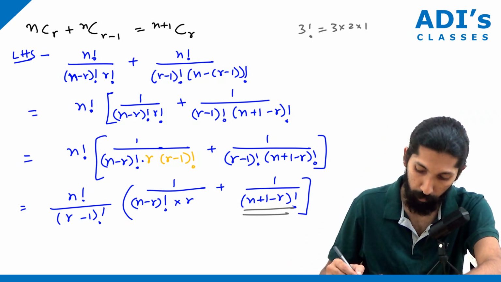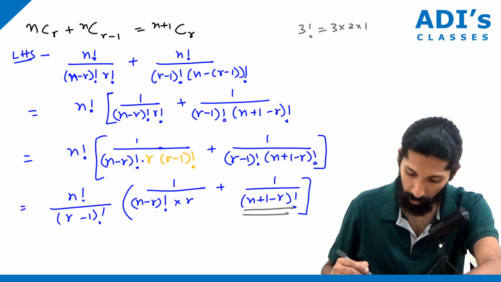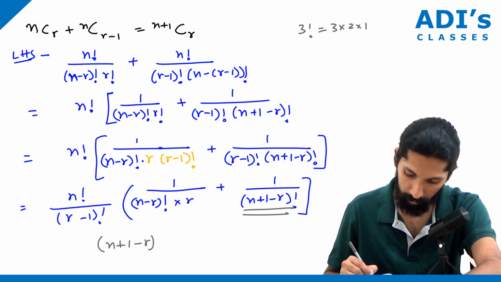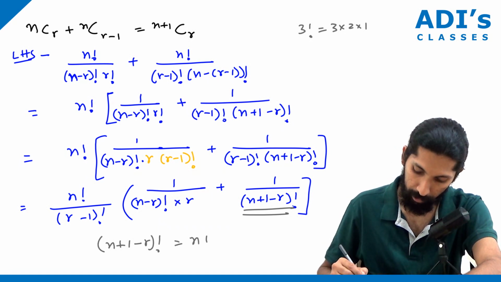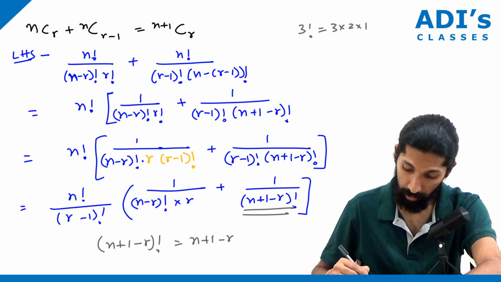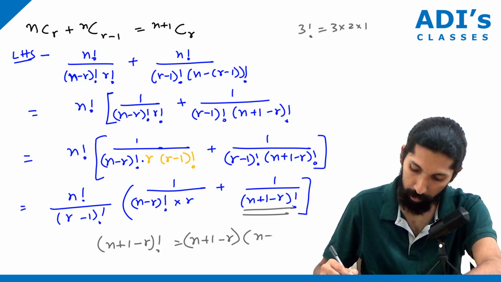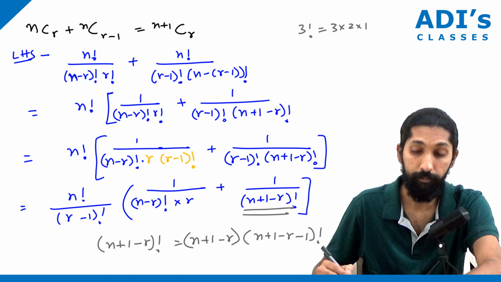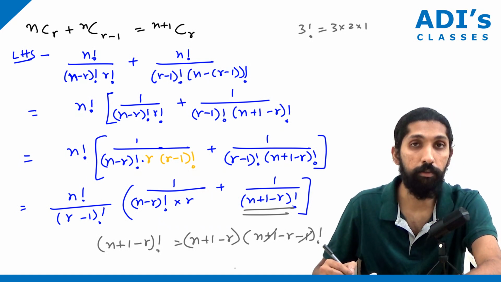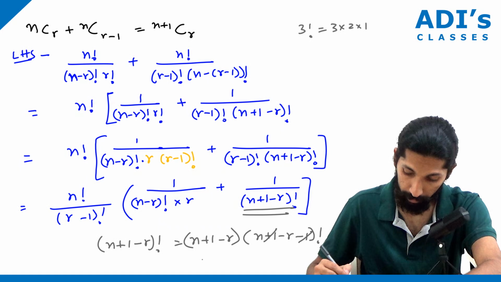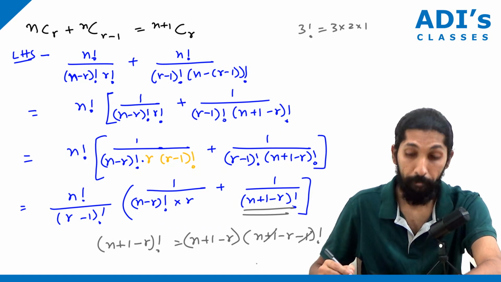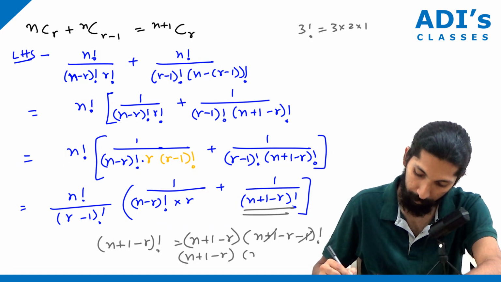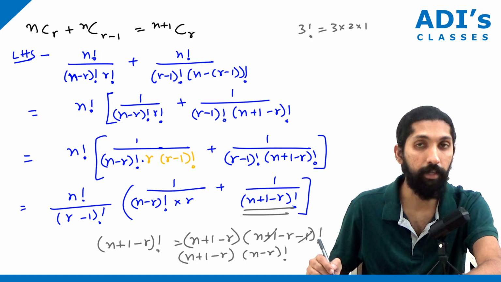So, n plus 1 minus r factorial is going to become n plus 1 minus r into n plus 1 minus r minus 1 factorial, correct? This and this cancel out. So what do you get? n plus 1 minus r into n minus r factorial, correct?